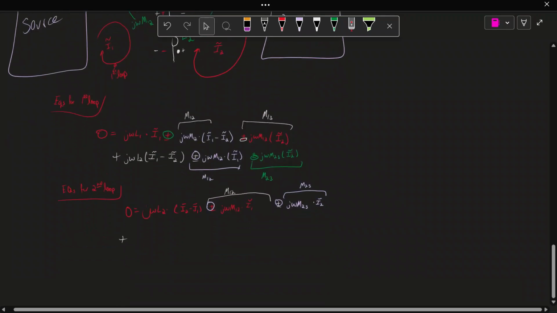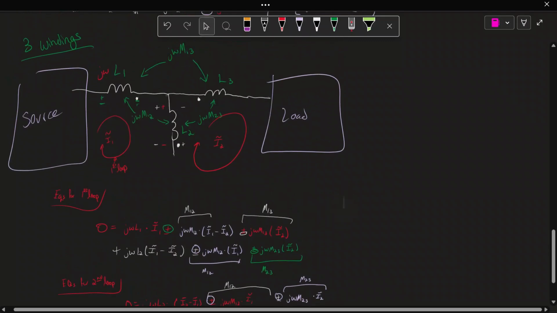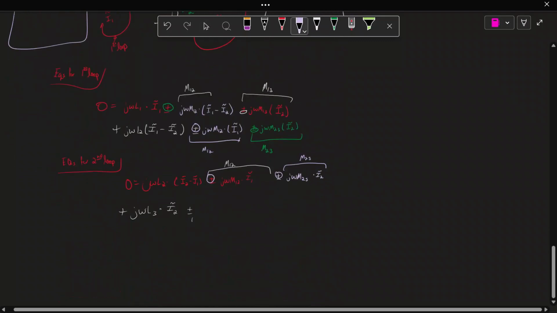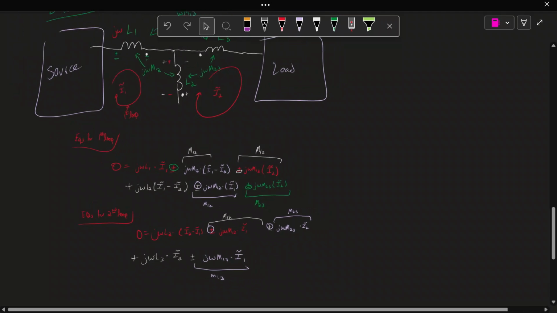Then let's do the third inductor, L3. So plus, we can let this be j omega L3 times I2. This is our self-inductance. Now, plus or minus the mutual inductance, let's do M13 first. So this is j omega M13 times the current going through L1, which is I1.